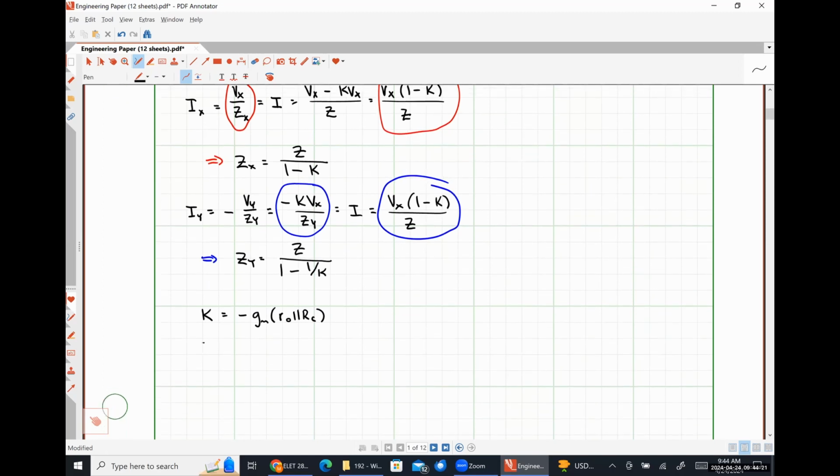Our original impedance, Z, is just 1 over S C mu, right?